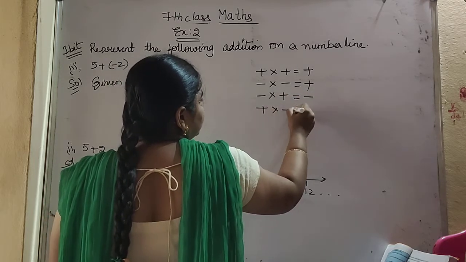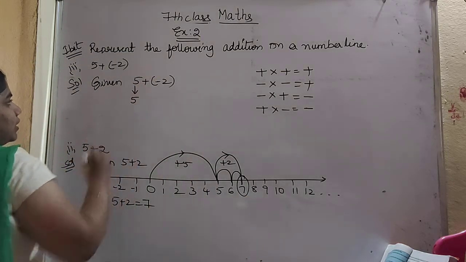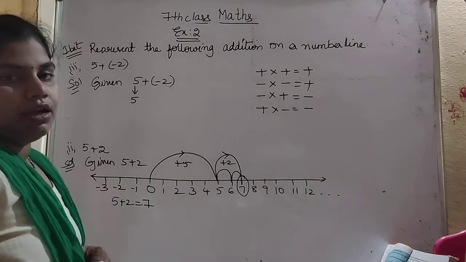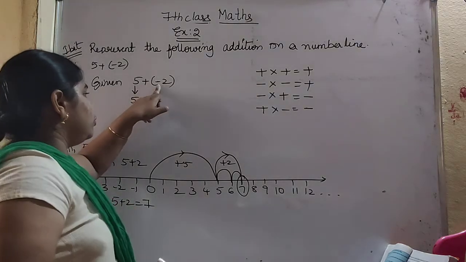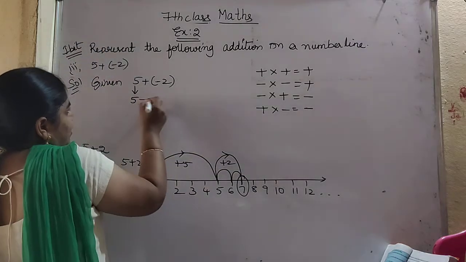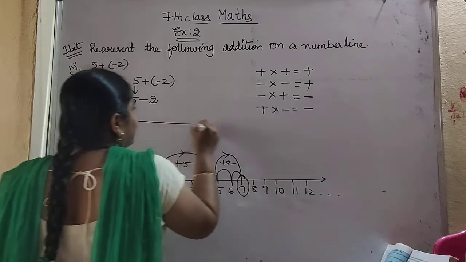Plus into minus will be minus. So here 5 we have to write as it is. Always the first number we will write as it is. Double sign we will make into a single sign. So plus into minus is what here? Minus. So minus 2. Now this one we have to show on a number line.